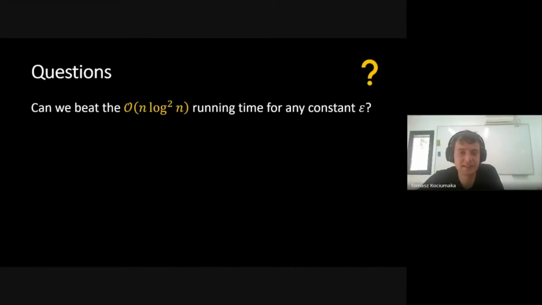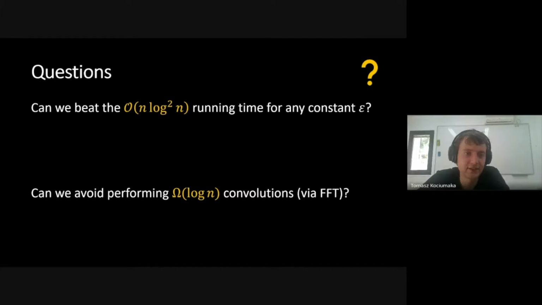Maybe even for arbitrarily small constant epsilon, so maybe we allow for larger dependency on epsilon than inverse linear or even inverse quadratic. And since all those algorithms are using convolutions and fast Fourier transform, an auxiliary question is whether we really need to perform those convolutions and to actually perform so many of them. In all those algorithms, the number of convolutions is at least logarithmic, and this is the bottleneck.